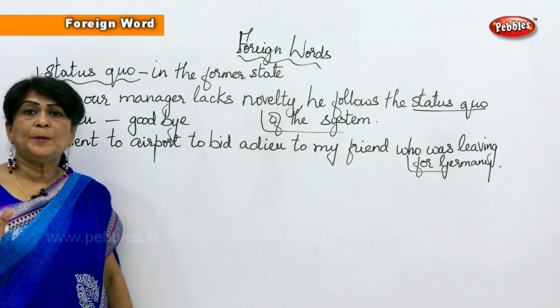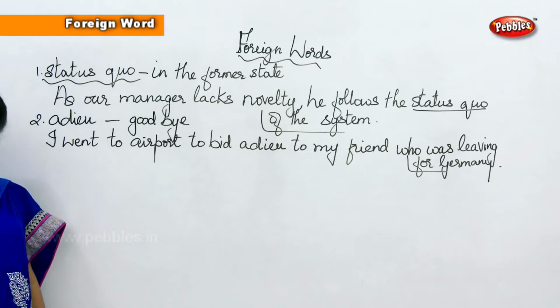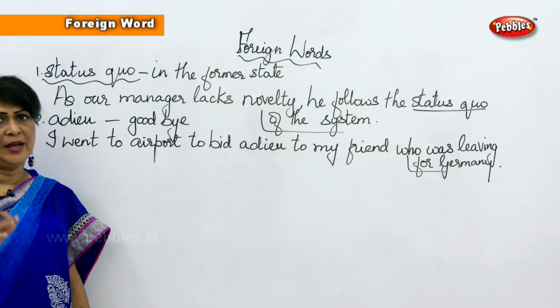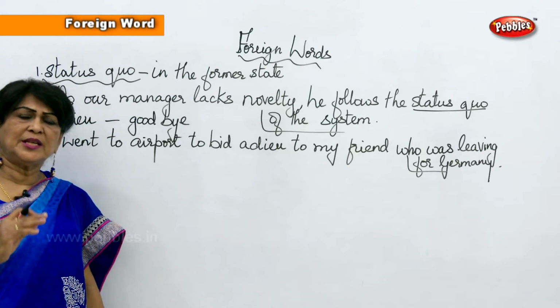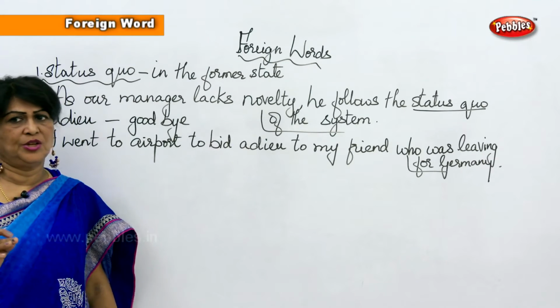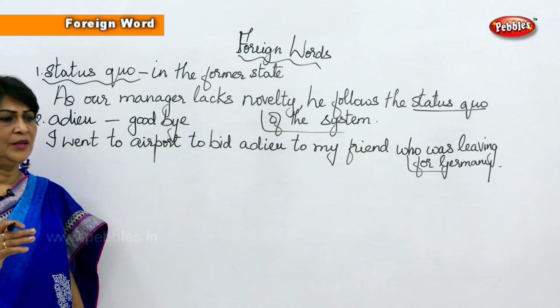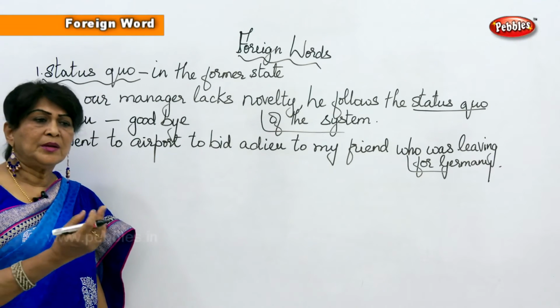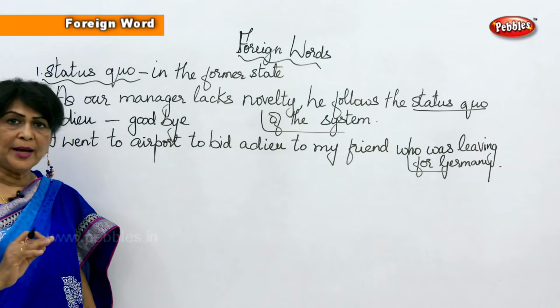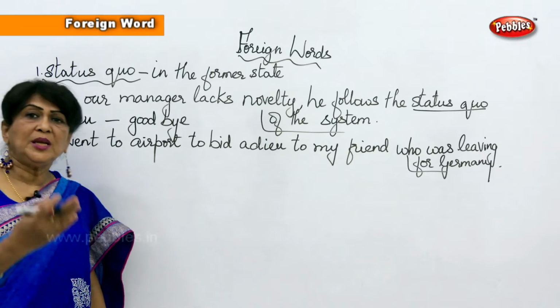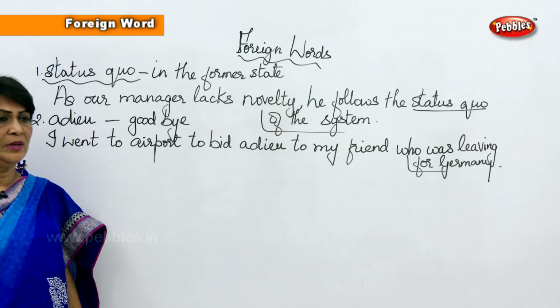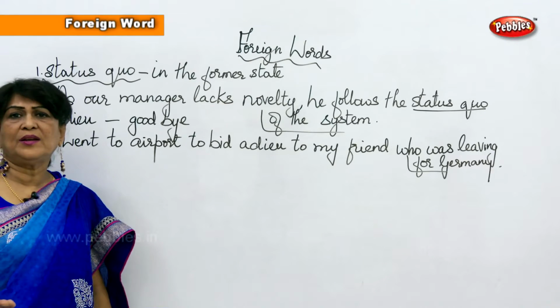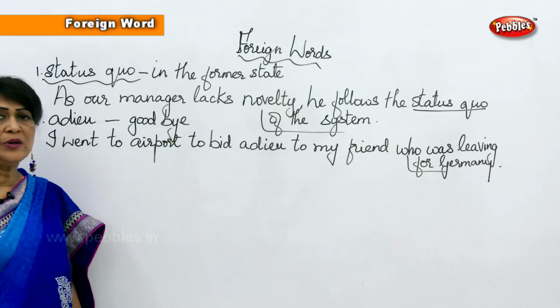Adieu means goodbye. There is a difference between au revoir and adieu. Au revoir is just saying goodbye for a short time. That is, if you are going to say bye to someone and you are going to meet him the next day or next week, you say au revoir. Or even tomorrow, if you are going to see them, you can say au revoir.